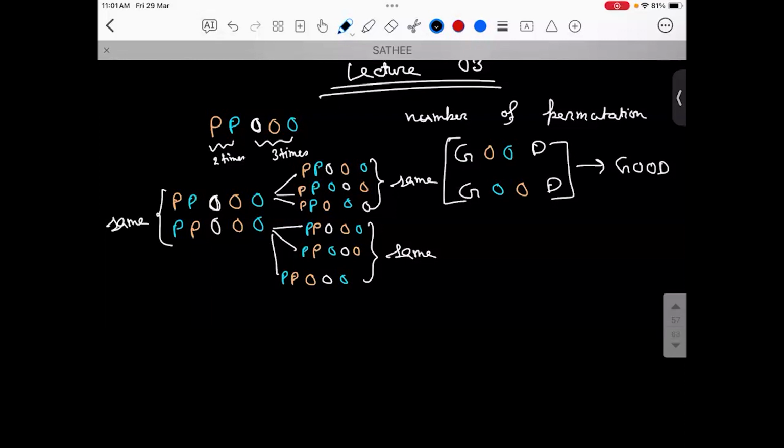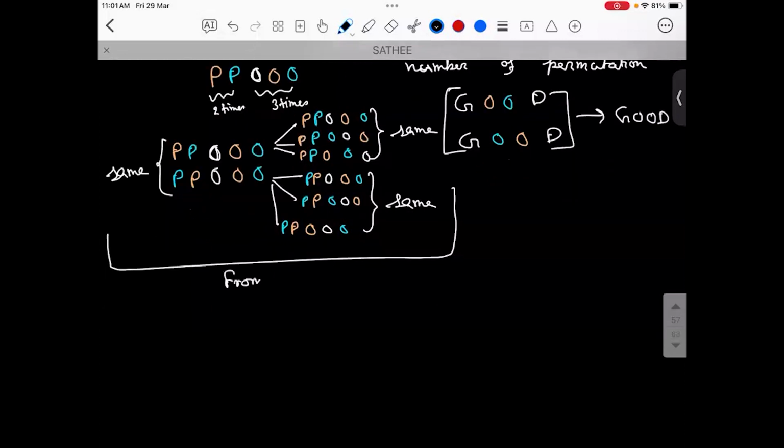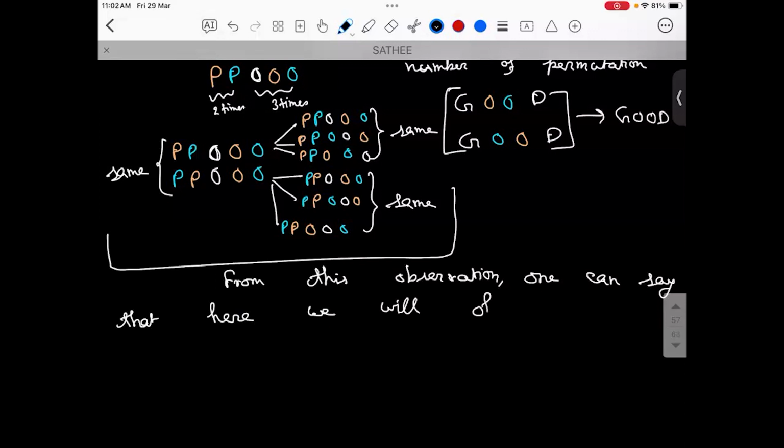So together, from this observation, one can say that here we will obtain 2 factorial multiplied by 3 factorial extra cases.